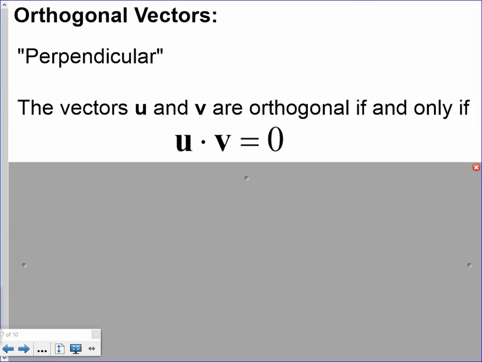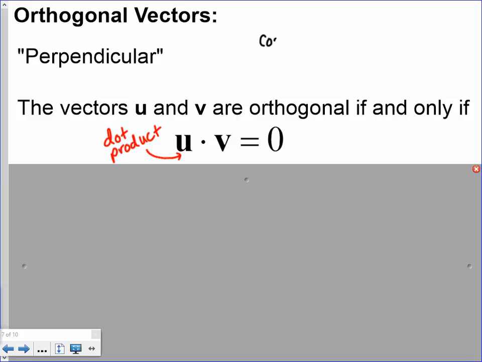Two vectors are orthogonal if and only if their dot product is 0. So remember, u times v represents their dot product. Think about why this works using that formula from the last slide.